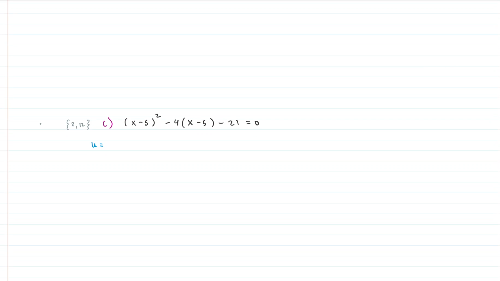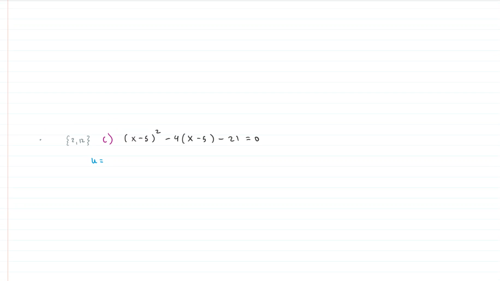Our last problem here, problem C, is quantity x minus 5 squared minus 4 times quantity x minus 5 minus 21 equals 0. And if we choose x minus 5 as our u, have you noticed a pattern here?